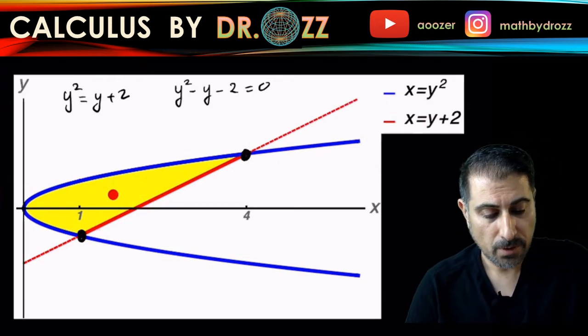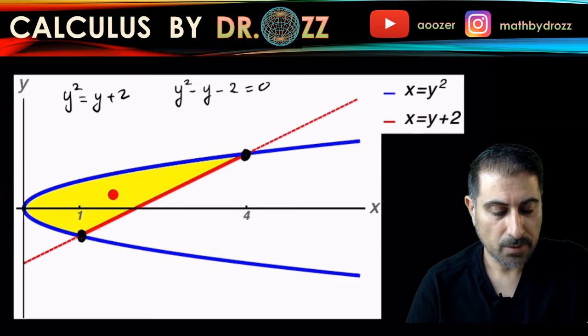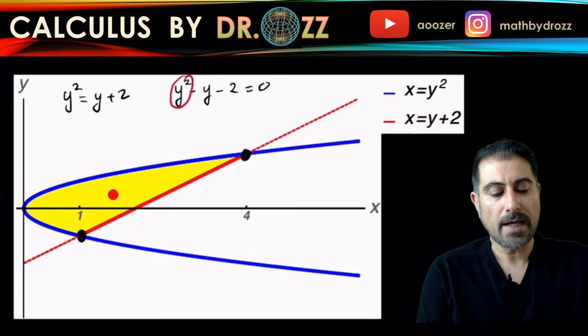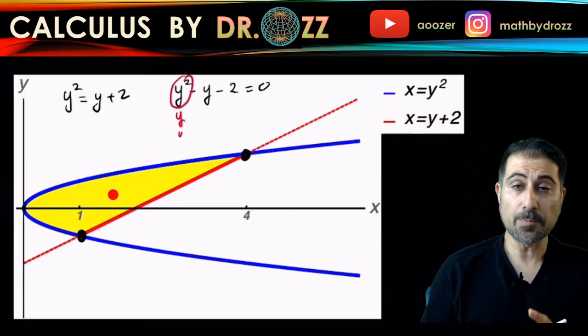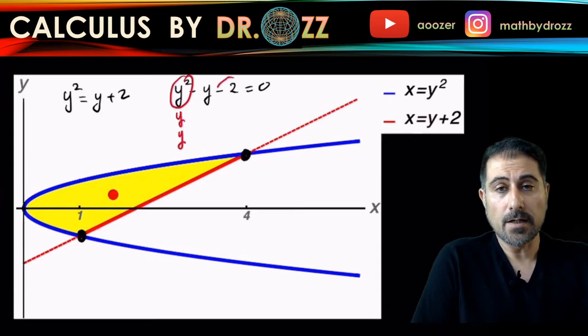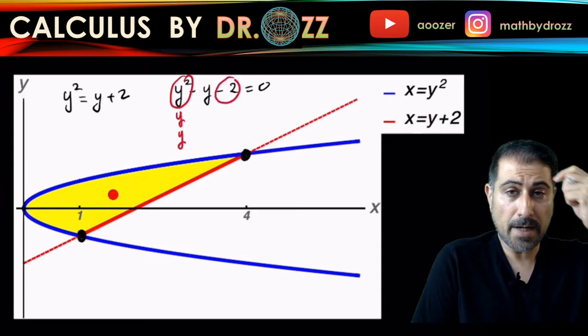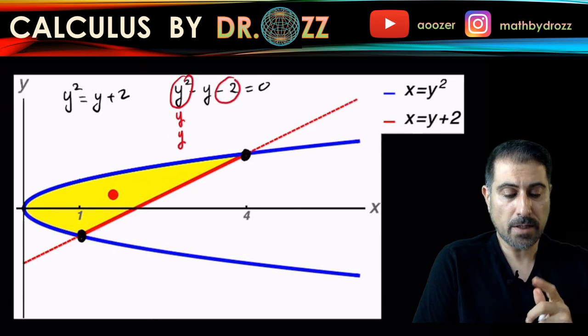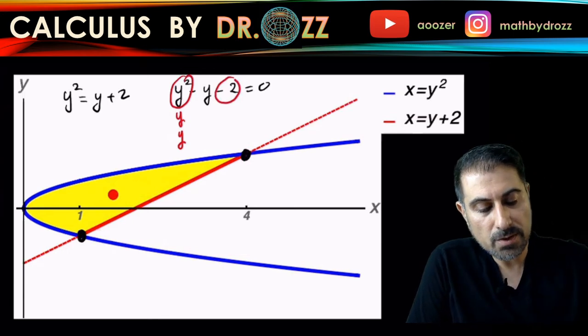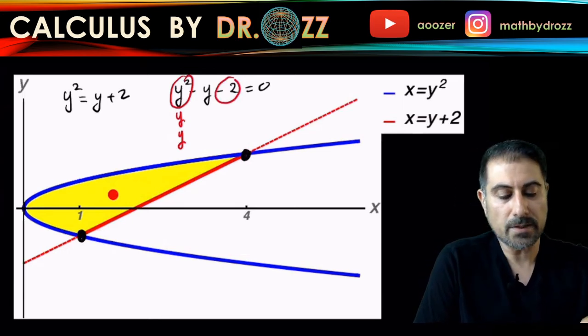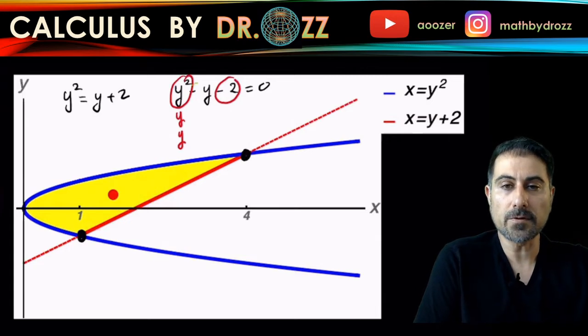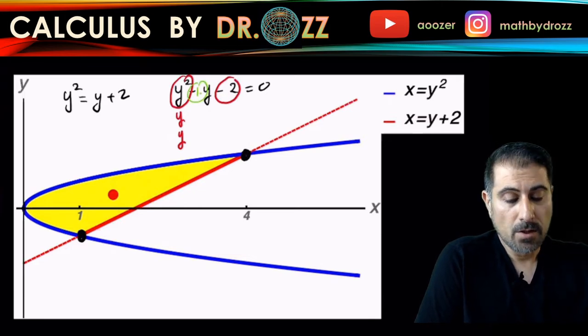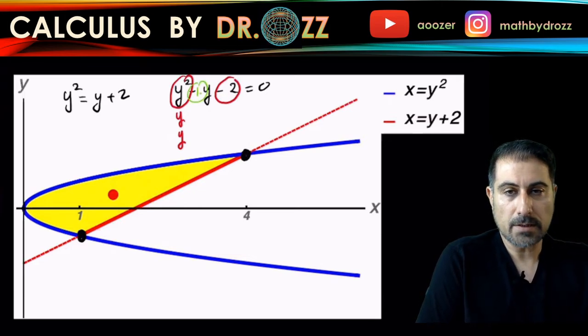First of all, I factor y squared as y and y. And I factor it in a way that the product is minus 2. So I'm going to find two numbers whose product is minus 2 and whose sum is minus 1, since there's a hypothetical minus 1 in front of y. Give me two numbers whose product is negative 2 and whose sum is negative 1.